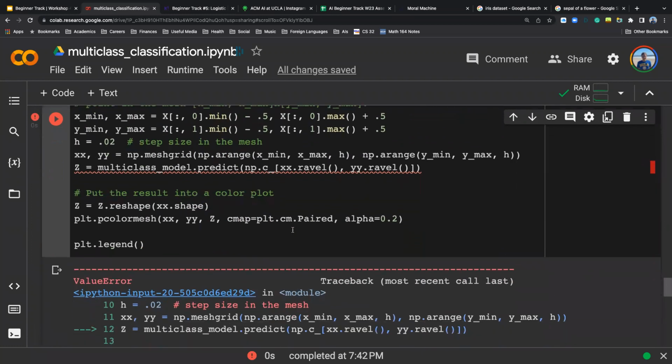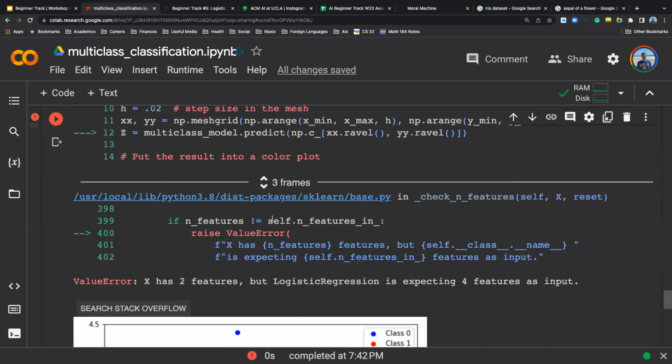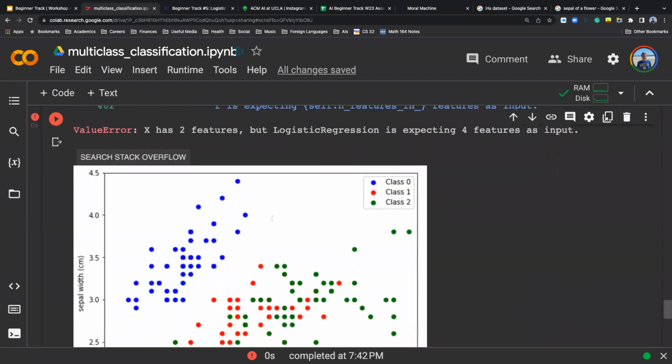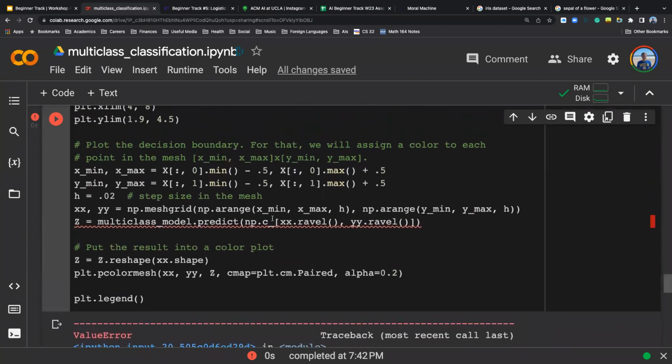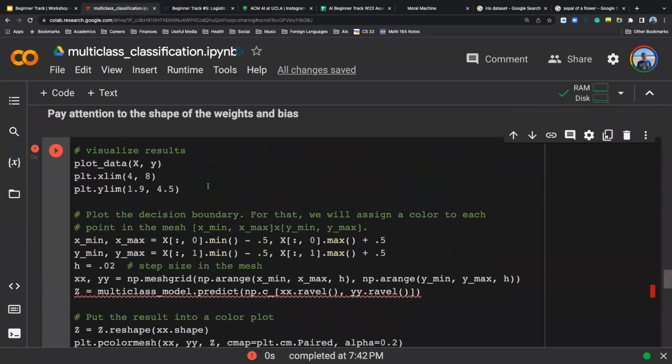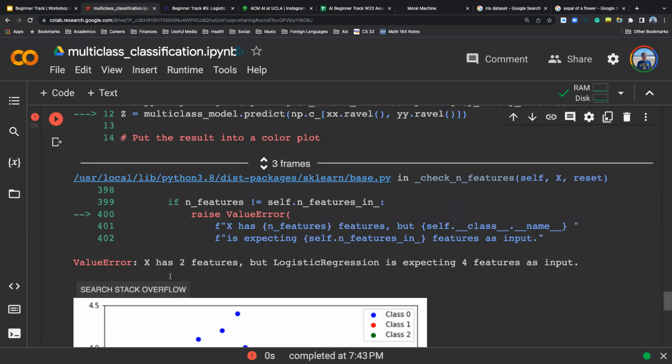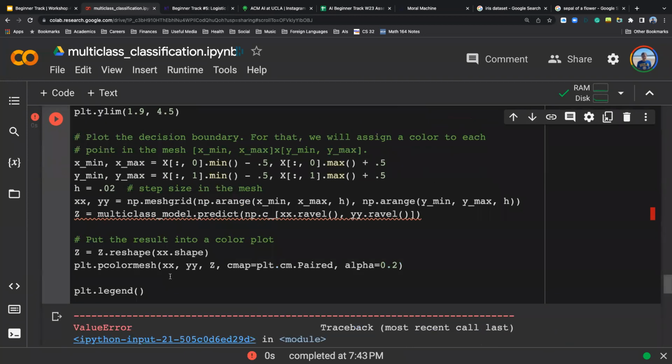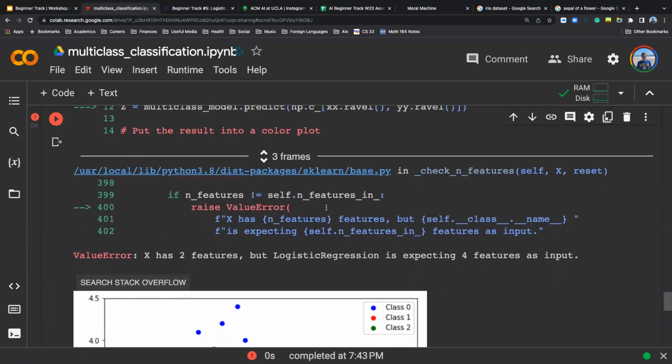Cool. Why don't we look at this? What is the error here? X has 2 features. Let me see. Did we not run this?